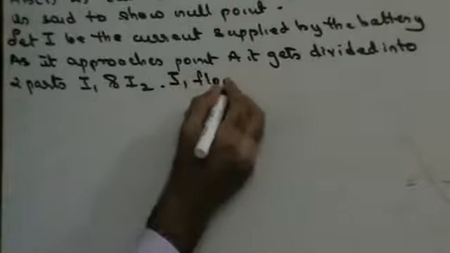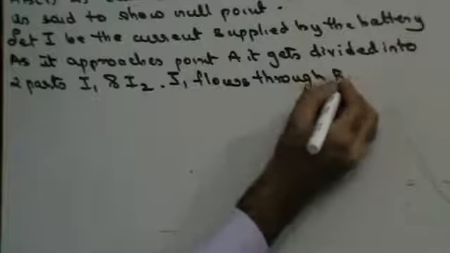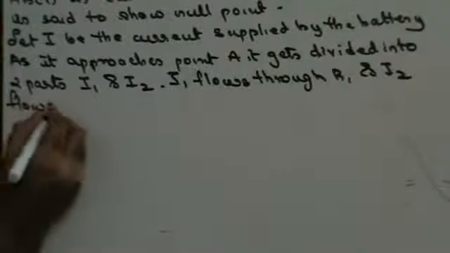I1 flows through R1 and I2 flows through R3, right?